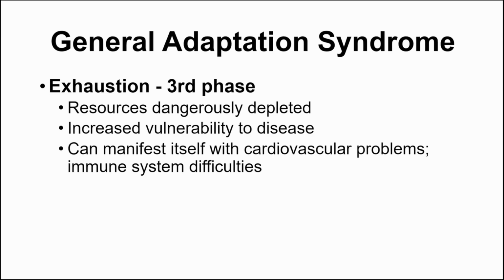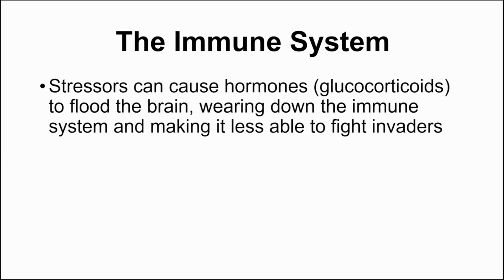And with enough of these long-term stress responses hitting this exhaustion phase multiple times, say due to chronic stressors, these systems can wear down fairly extensively over time. Now, I did promise that we'd talk more about the immune system. And this is important because as we're going through these stress responses, we have a whole bunch of hormones that are released.